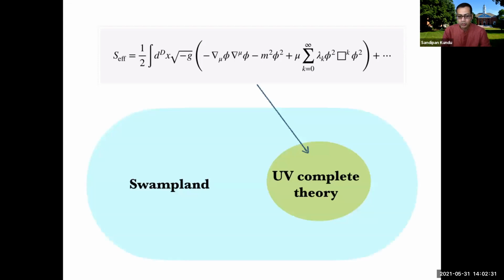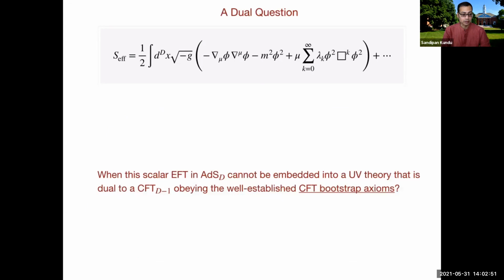So now I'm going to ask the following question. I want to know when this effective field theory can come from a UV complete theory. That's the question that I want to address. But now actually I can ask the dual question, which is easier to answer.